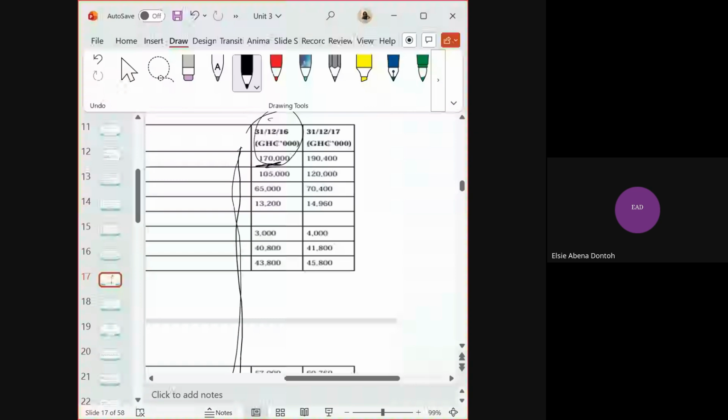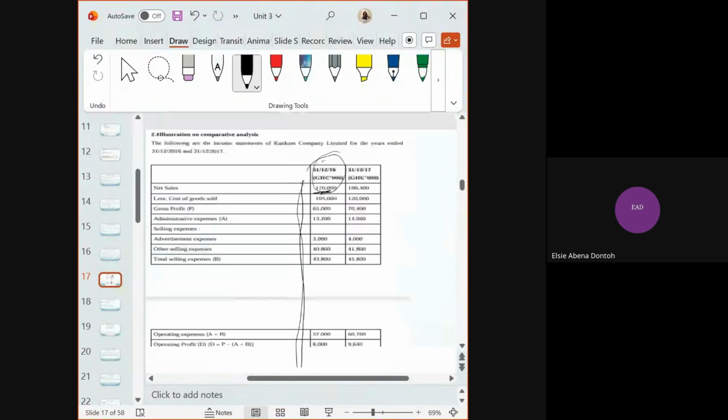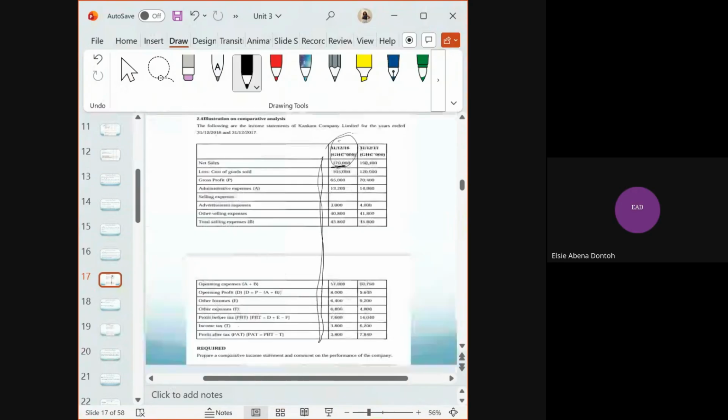Please, what do we get? Are you following? What do we get? Please, you have calculators. 112. When you divide 190,400 over 170,000 times 100, you get 112.